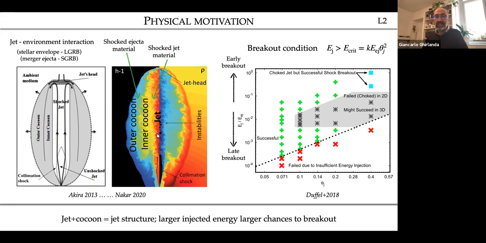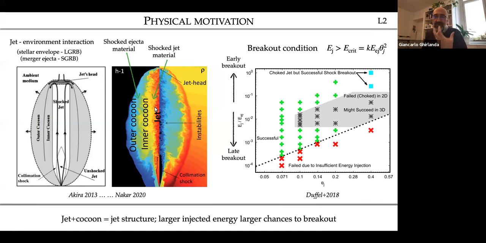And there is the possibility, differently from this very schematic case, that the separation between the jet and the cocoon develops. So the wall of the jet, if you want, develops some instability, which is another way, not only the jet head, to have a mixing of the material.